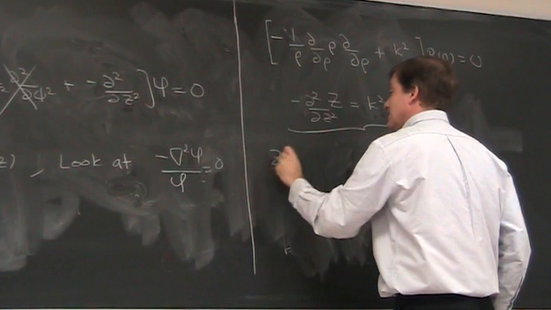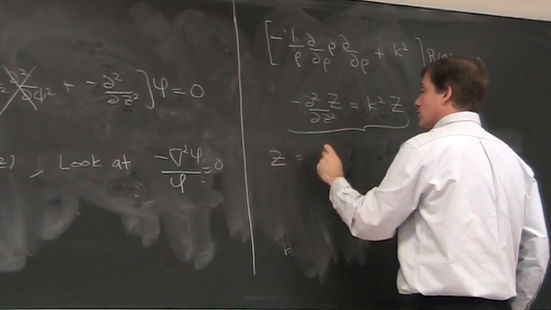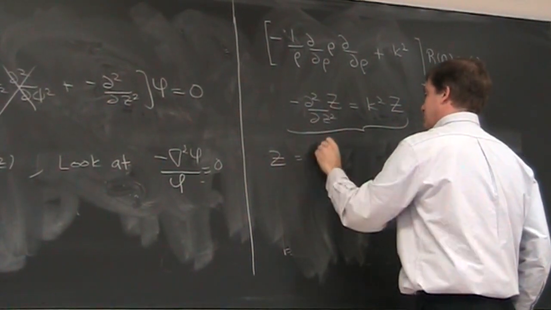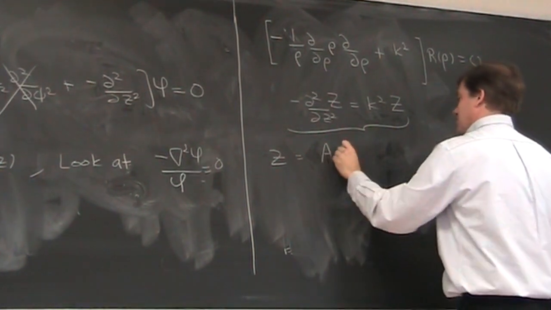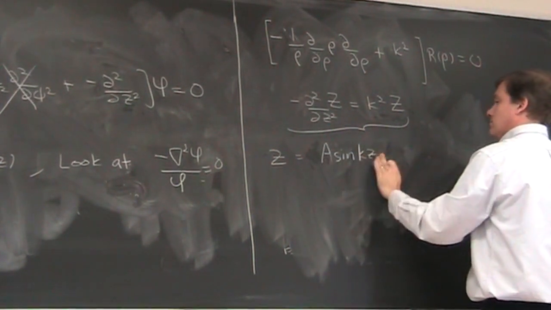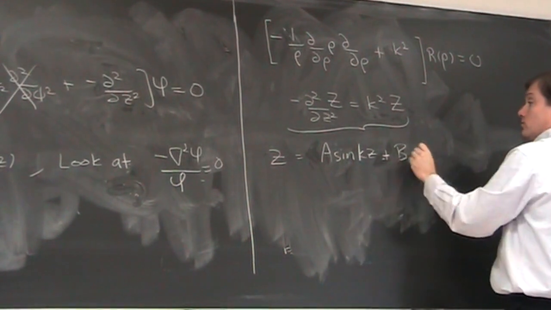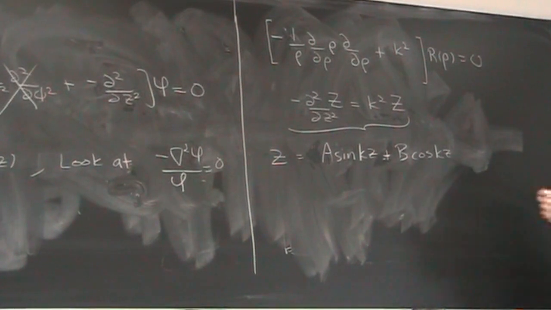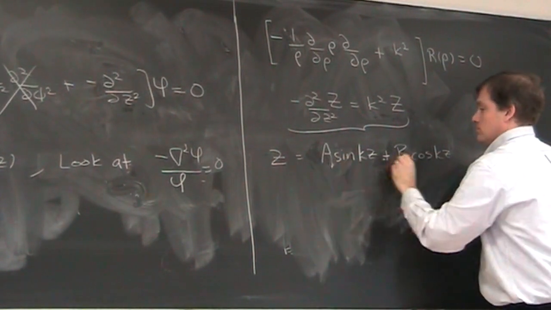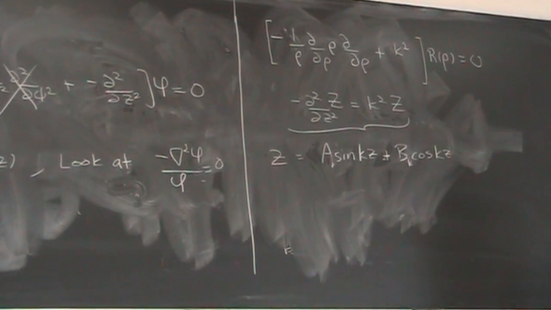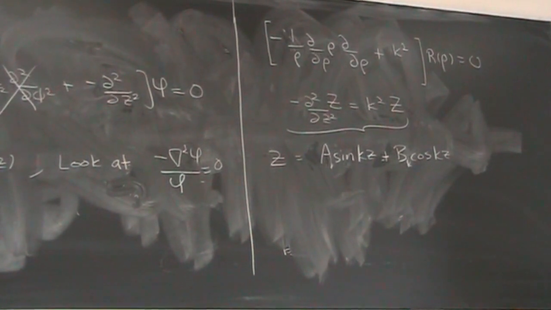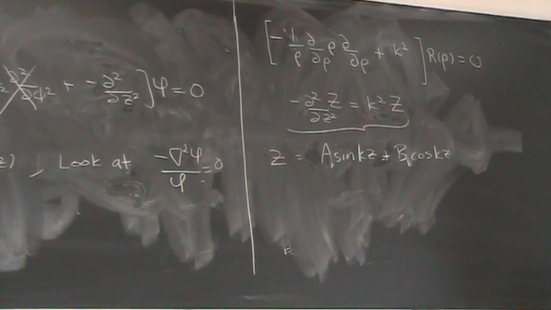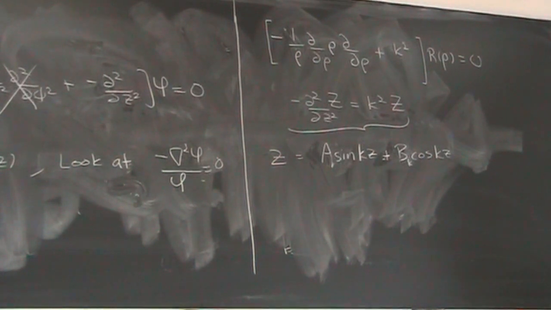Okay, so Z is equal to sine and cosine of kz. Just a small comment, maybe I put here, in principle these could depend on k, right? At this point we know nothing about k. It's real, complex, okay, and even 0.